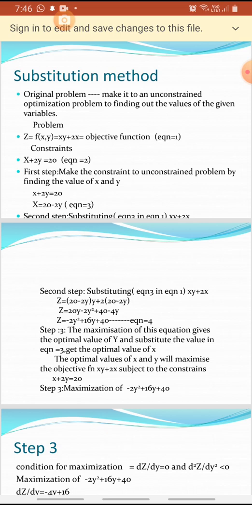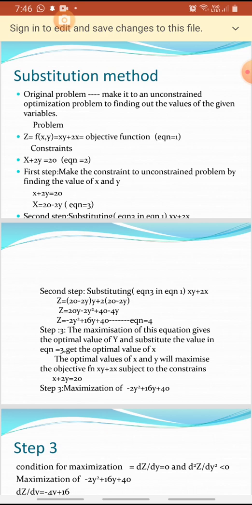Then the third step is maximization of equation 4, which gives the optimal value of y. Substitute that value in equation 3 to get the optimum value for x. The optimum values of x and y will maximize the objective function xy plus 2x subject to the constraint x plus 2y is equal to 20.